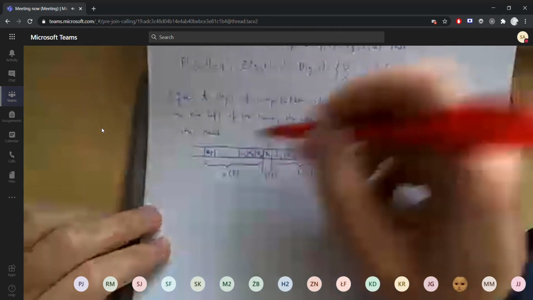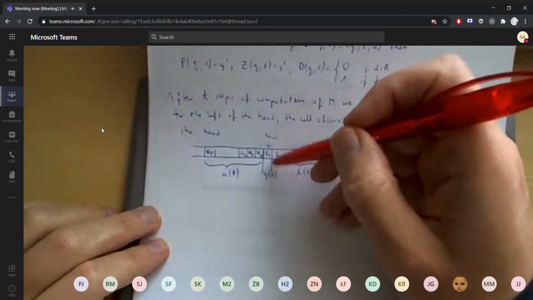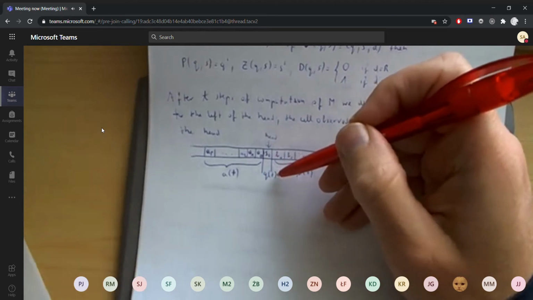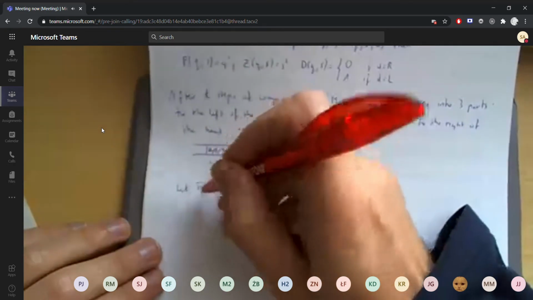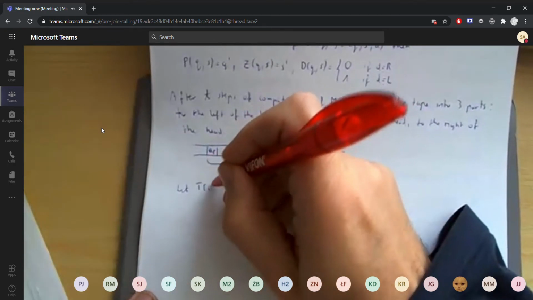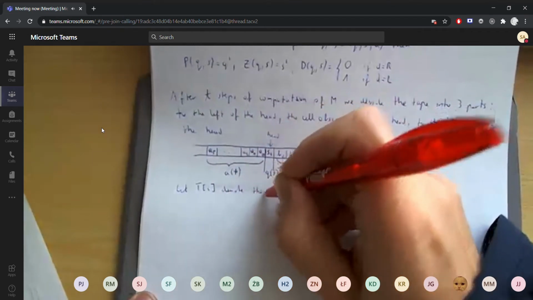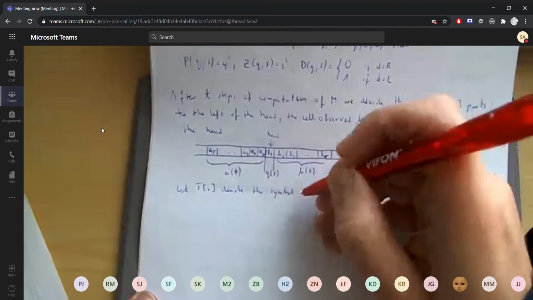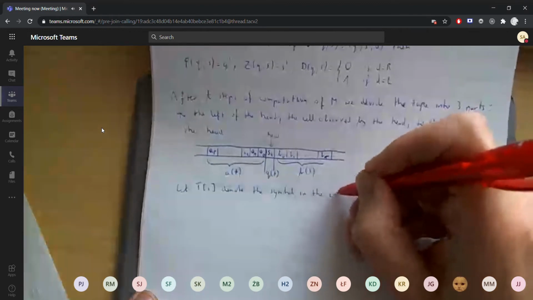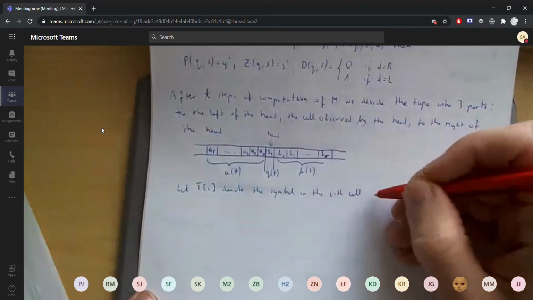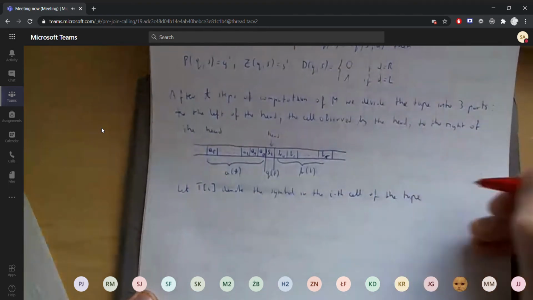Okay, so this is the situation on the tape after t moves, and after t moves, Q of t is the state of the control. Let T of i denote the symbol in the ith cell of the tape.